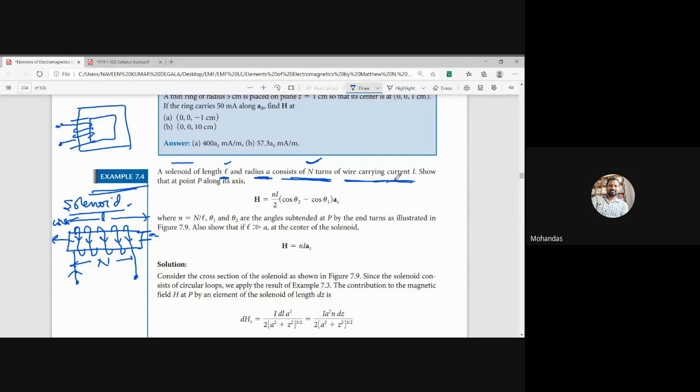This is the problem, this is the data. A solenoid of length L and radius A consists of N number of turns of a wire carrying current I. Now, show that at point P, any field point along its axis, can you guess what is the axis of this solenoid? Where does the axis exist for the solenoid?